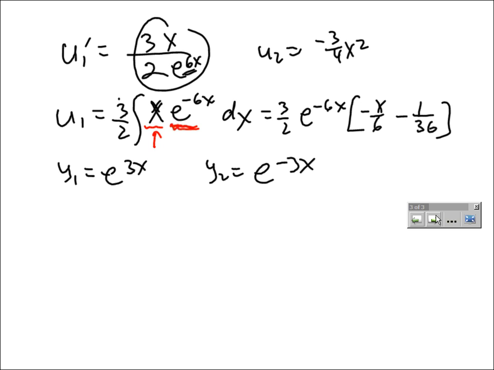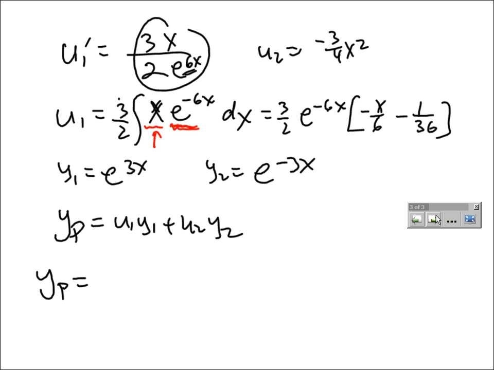Now we are in a position to write down what yp equals. Remember that yp was equal to u1 times y1 plus u2 times y2.